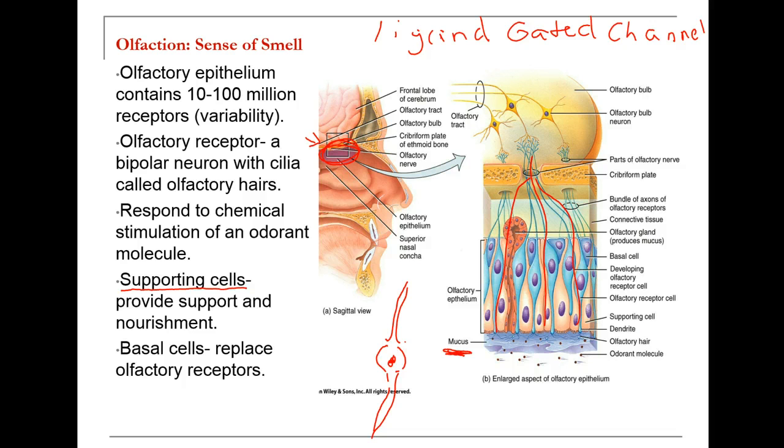There's also some basal cells. Now, basal cells are stem cells that will replace olfactory receptors. So this is actually an area of the body where you can replace neurons. So you are growing new neurons in your olfactory epithelium.